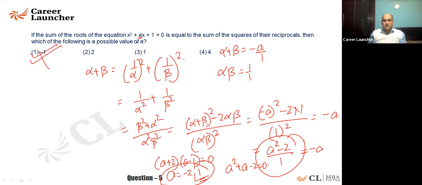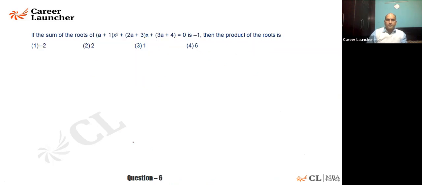Sorry, 1 is the possible value, because minus 2 is not in the options. No need to worry. You will mark 1 as your answer. Is it fine?